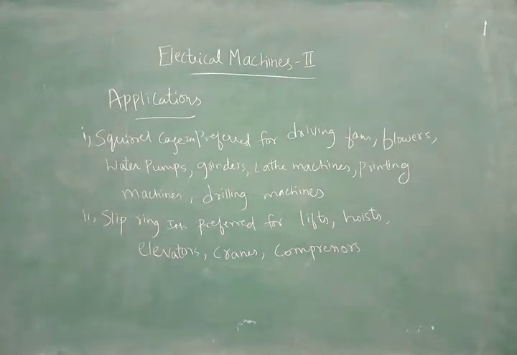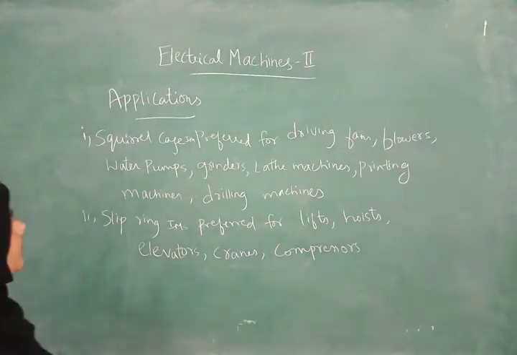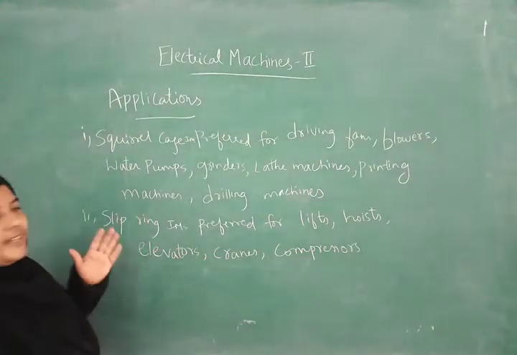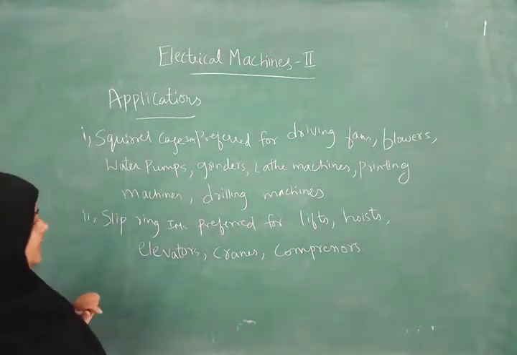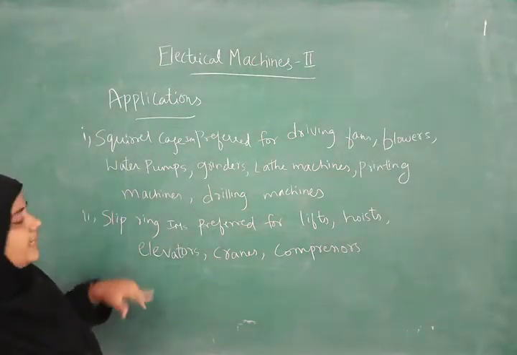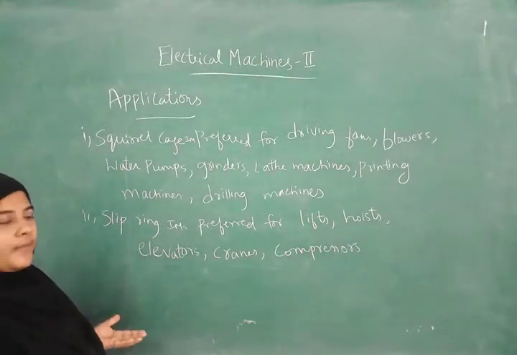Let us see the applications of induction motors. Squirrel cage induction motors have moderate starting torque, as we already discussed in previous classes, whereas slip ring induction motors have a high starting torque, as high as the maximum torque.